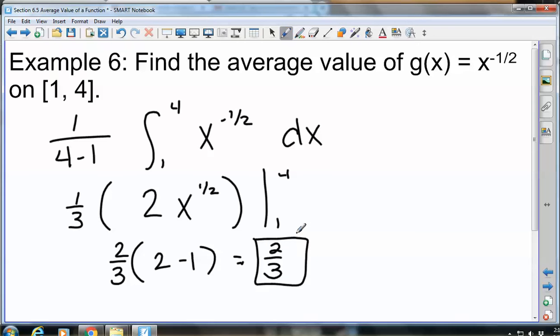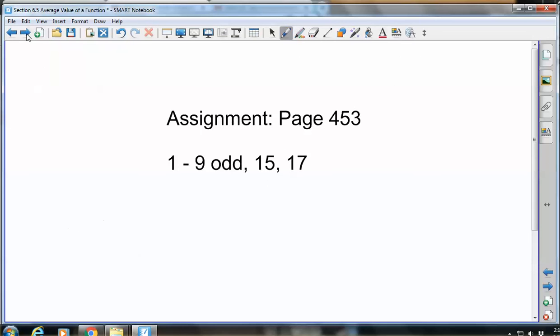And we should get 2/3 for our powers. Are we good? That's it.